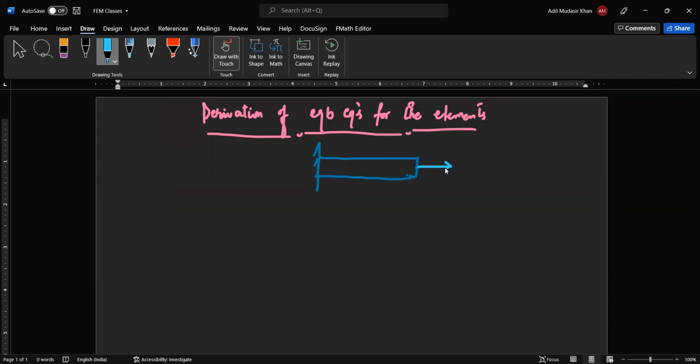At this point, it was subjected to force, I think it was P. And here we said that the reaction is, say, for example, R. Let's say this point, what we call a node, has coordinate x1, and this point has coordinate x2. And this rod was also subjected to the traction forces, which we stated as T as a function of x, and the entire length was equal to L.